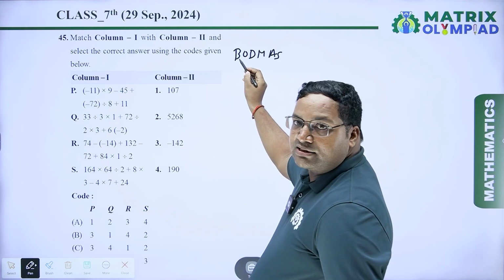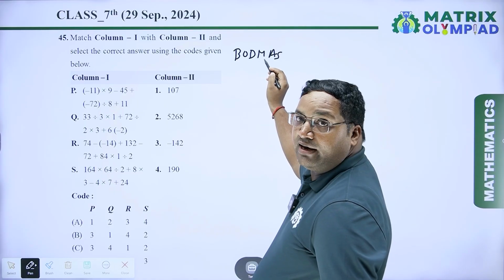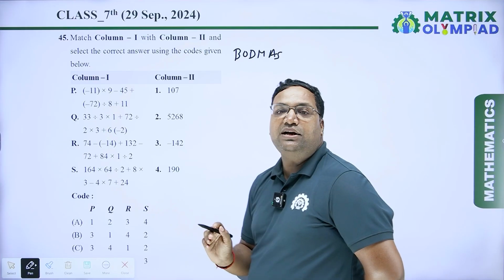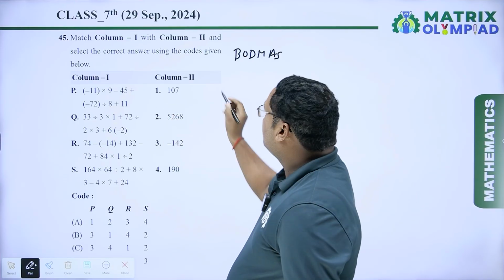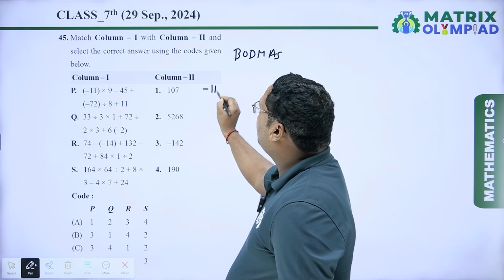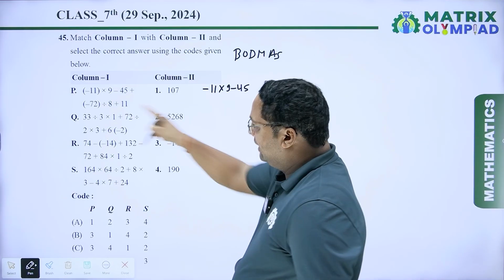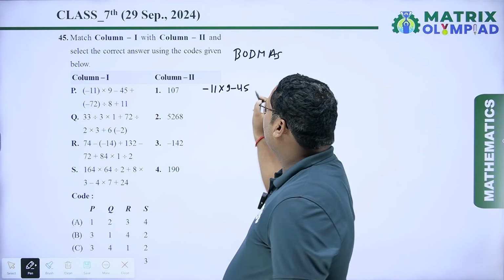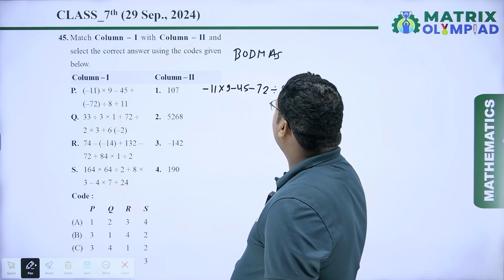Here B represents bracket, O represents of, D represents divide, M represents multiplication, A represents addition and S represents subtraction. So first, minus 11 is in bracket. So we have to write minus 11 into 9 minus 45, minus 72 in bracket, and here a plus sign. So I have to write minus 72 divided by 8 plus 11.